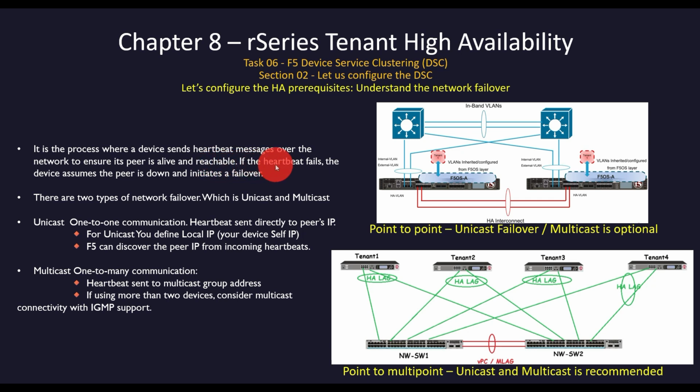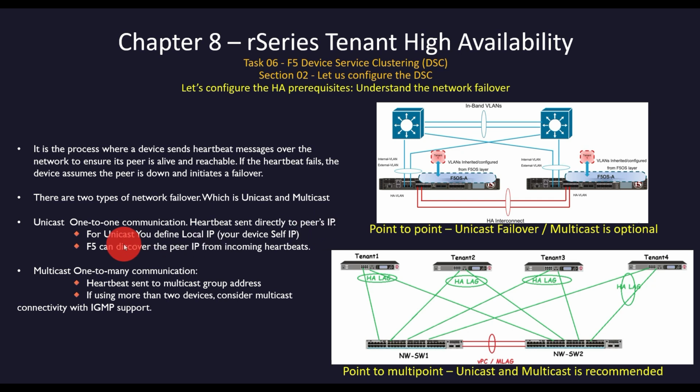If the heartbeat fails, the device assumes the peer is down and initiates the failover. There are two types of network failover, which are unicast and multicast.